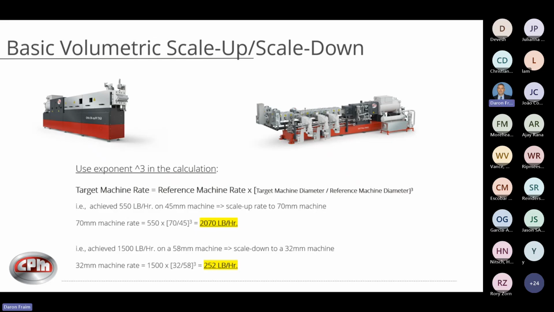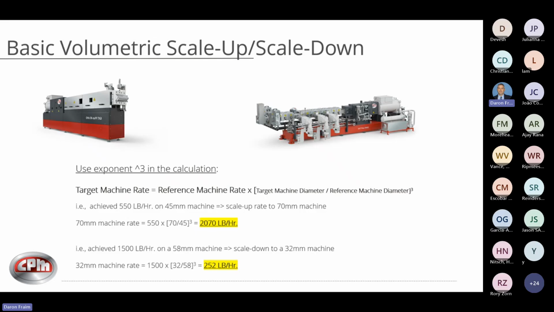So in this case, for example, if you achieved 550 pounds per hour on a 45 and you're scaling to a 70, you're just going to take that reference rate of 550, do the math, 70 divided by 45, and cube that, and you get 2070 pounds per hour.